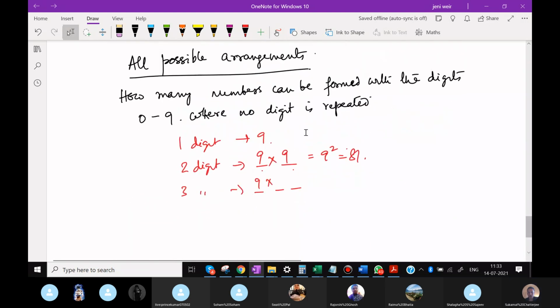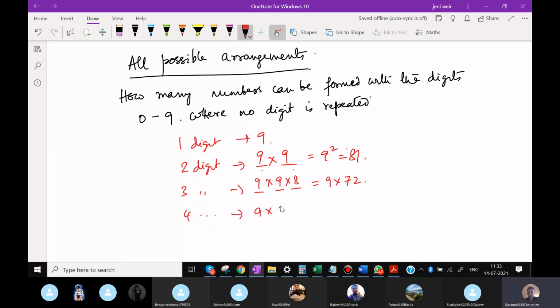So this would be 9 into 8, which would be 9 into 72. Similarly, the 4th digit would be 9 into 8 into 7, and so on.